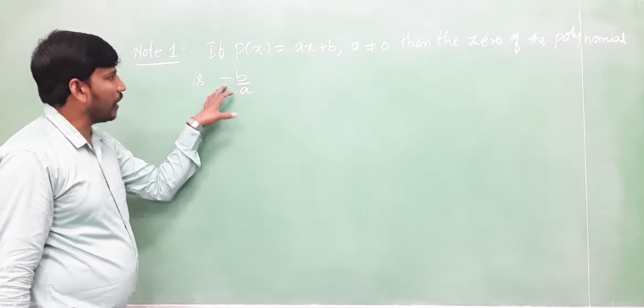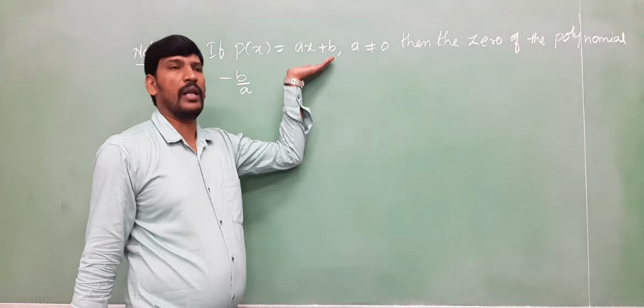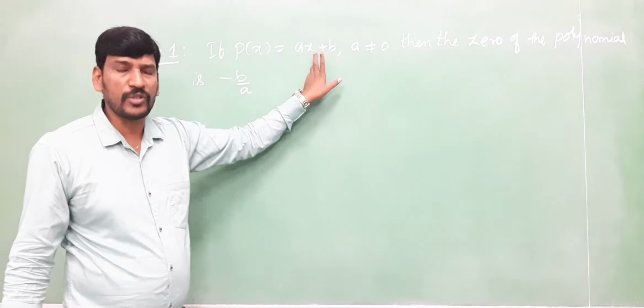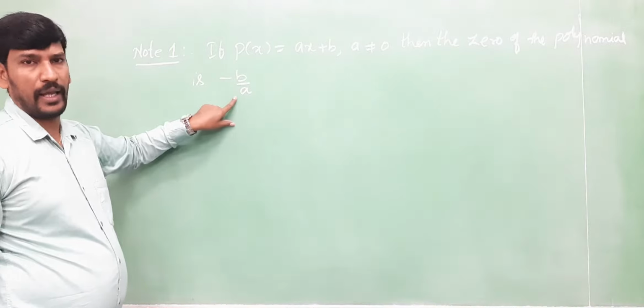Any linear polynomial in the form ax plus b has the zero minus b by a. Clear, children?